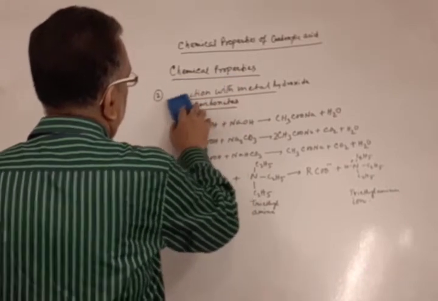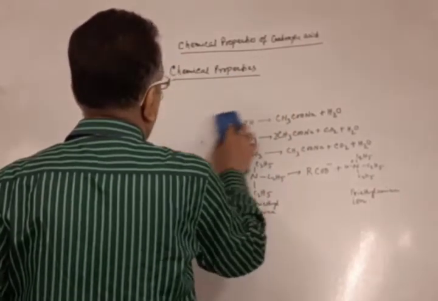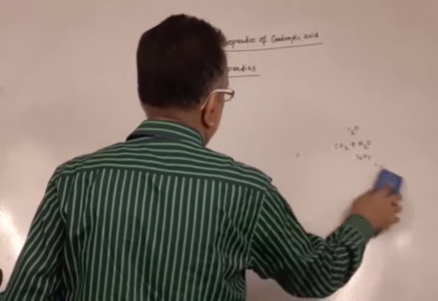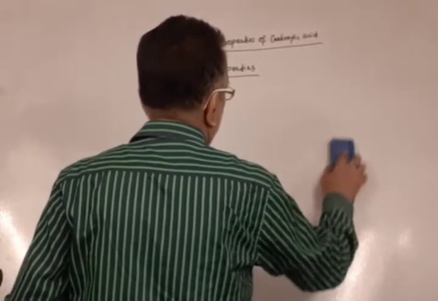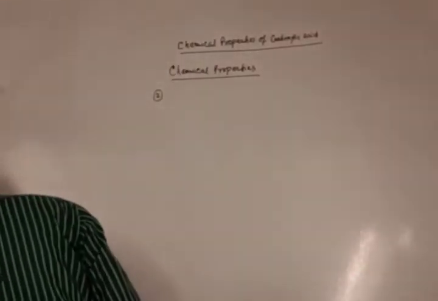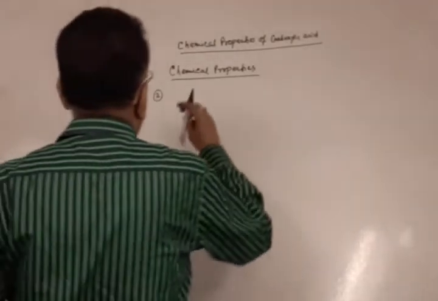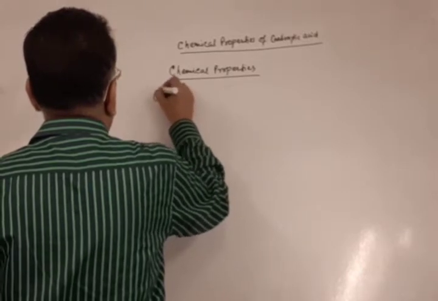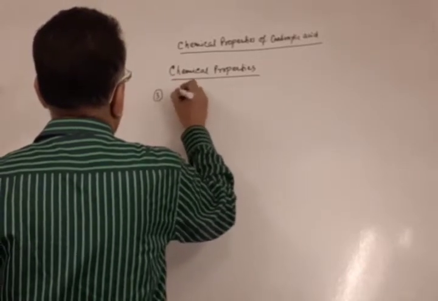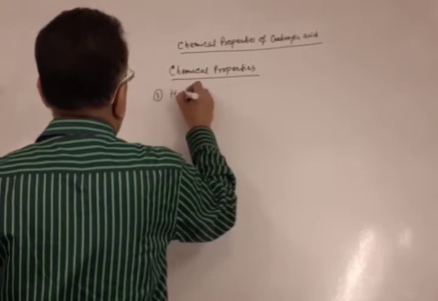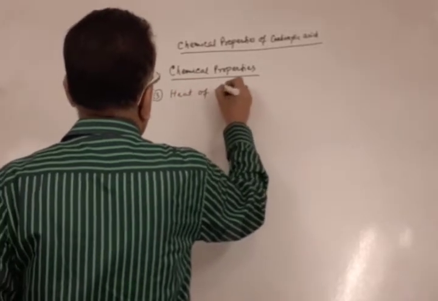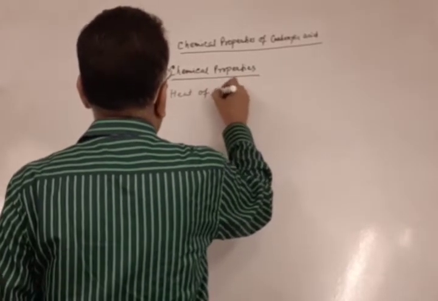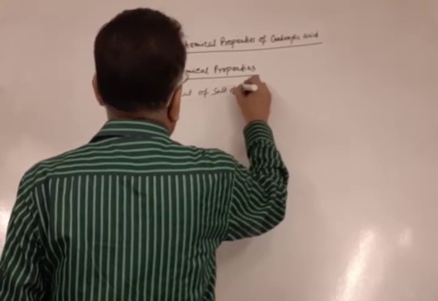Now our next property, number 3, is the heating of salt of carboxylic acid.